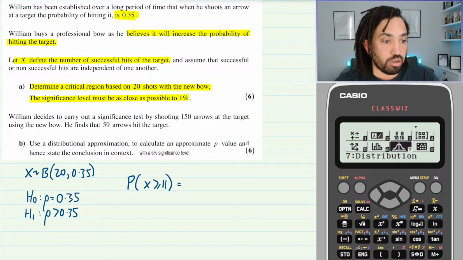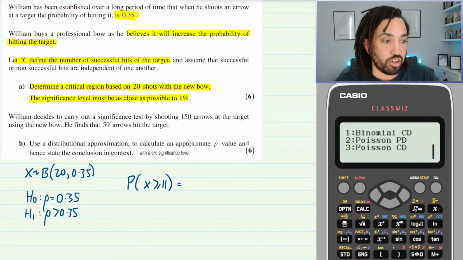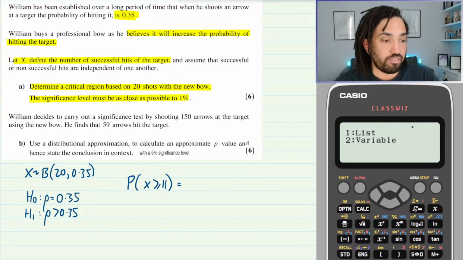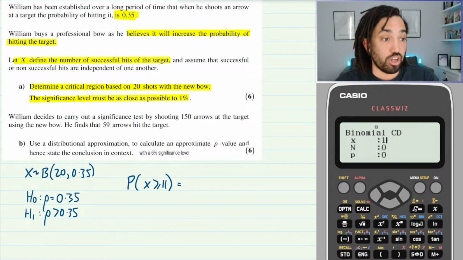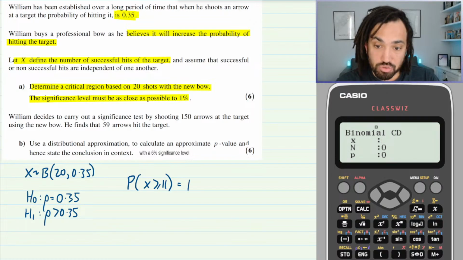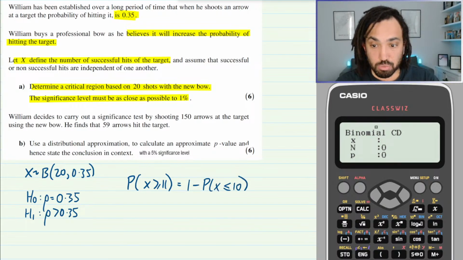So we go into our distribution. This time we go into binomial CD, variable, and we go x is 11, or in fact no, we don't, because to get greater than or equal to 11 we need to do 1 minus less than or equal to 10.